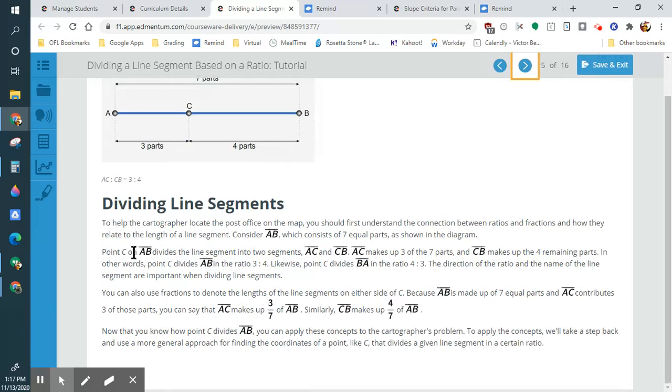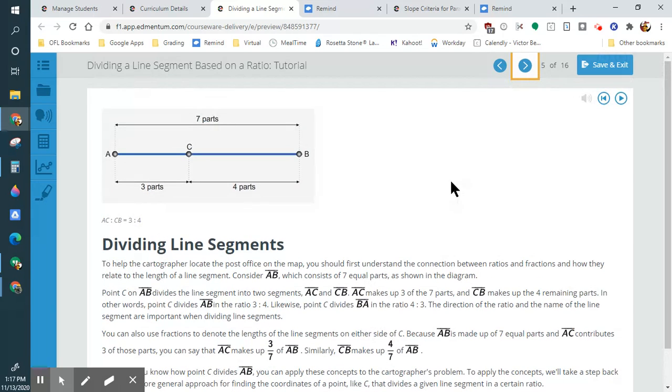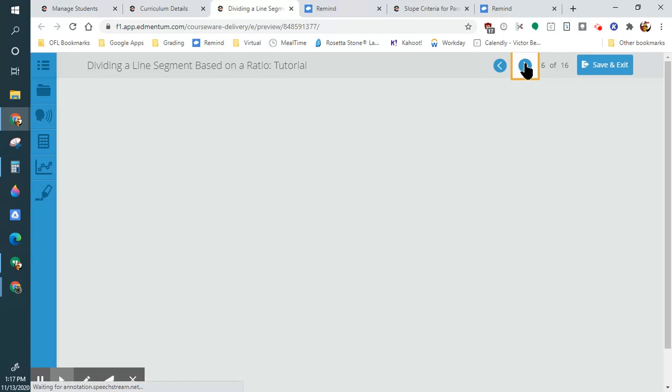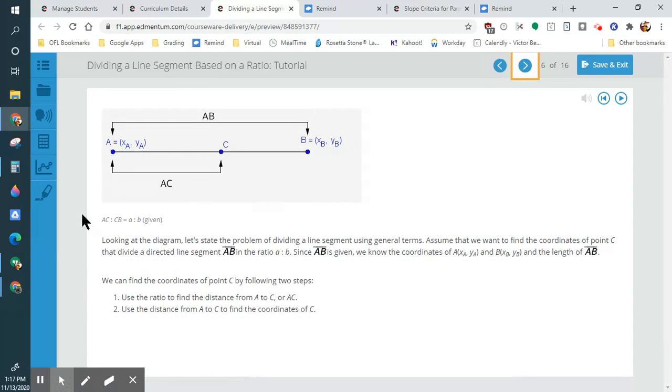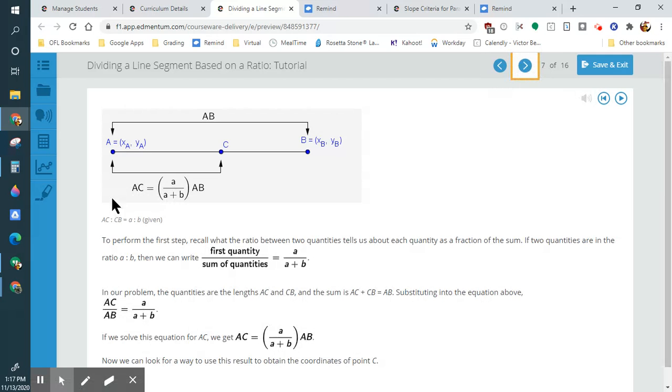So we're going to learn about how we're able to divide these and how we figure that out. So this one, you can kind of see what we're going to get into. So what we're doing here is essentially we're going to add some of these together. So we're going to talk about the ratios and all that. So let's get into it.